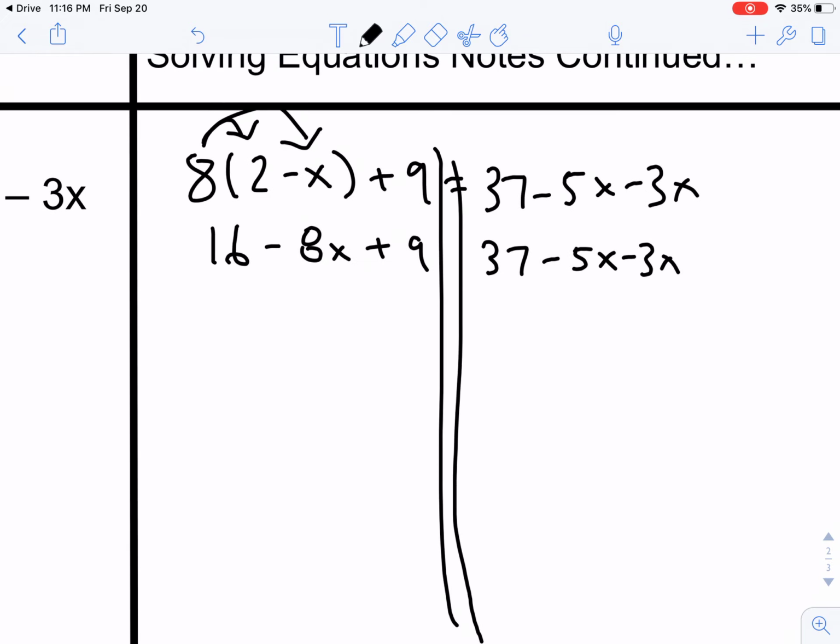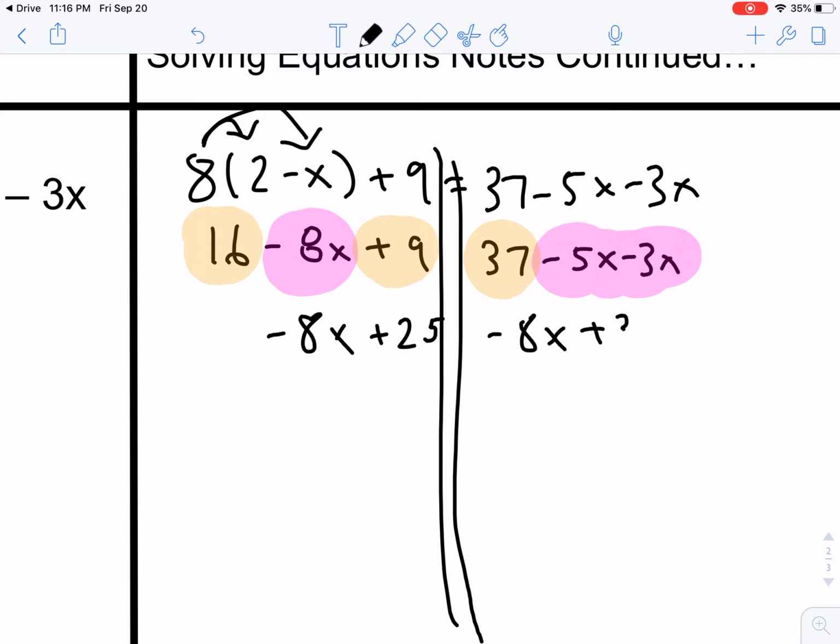So after we distribute, we can combine like terms. Okay. So we have negative 8x plus 25. On this side we have negative 8x plus 37.